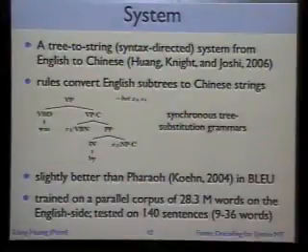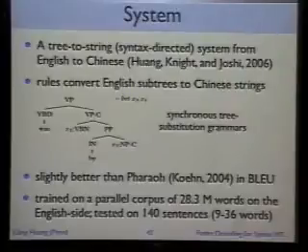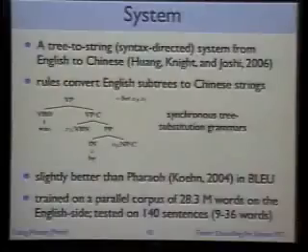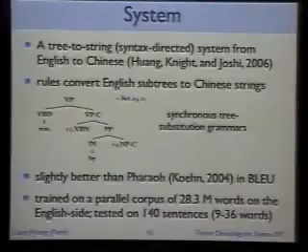So if a subtree of the parse tree on the English side matches this rule, then you convert it recursively to the Chinese order here.